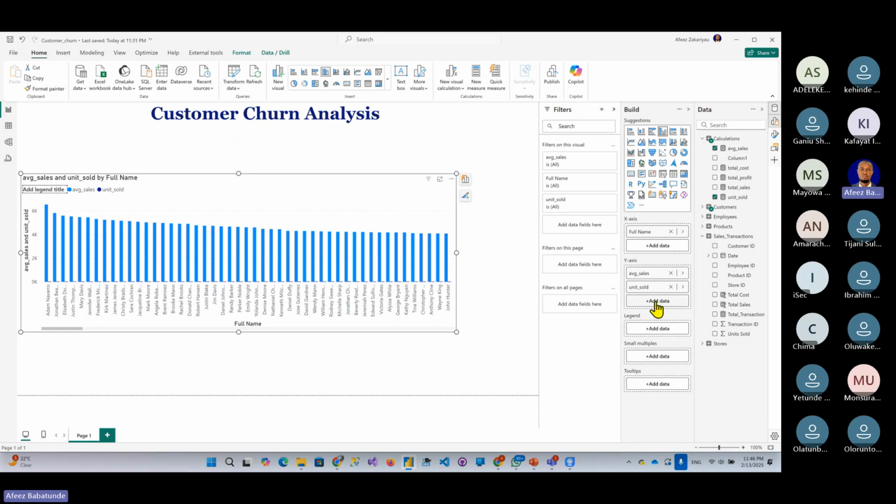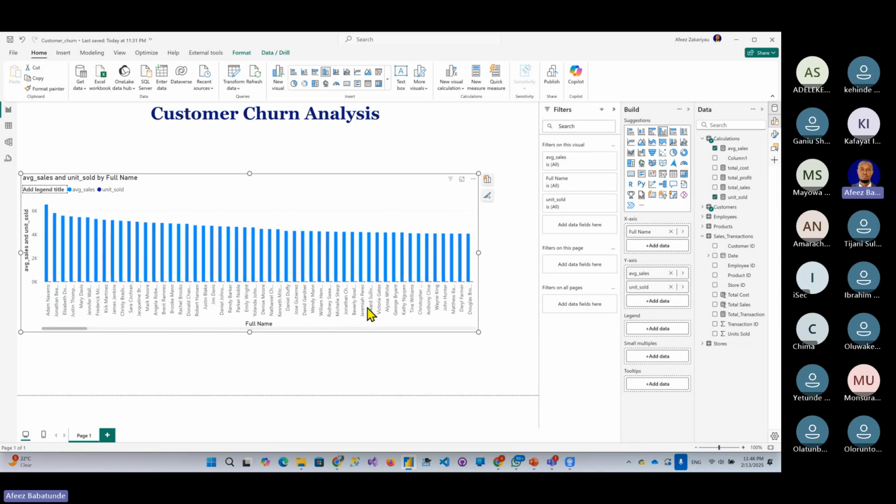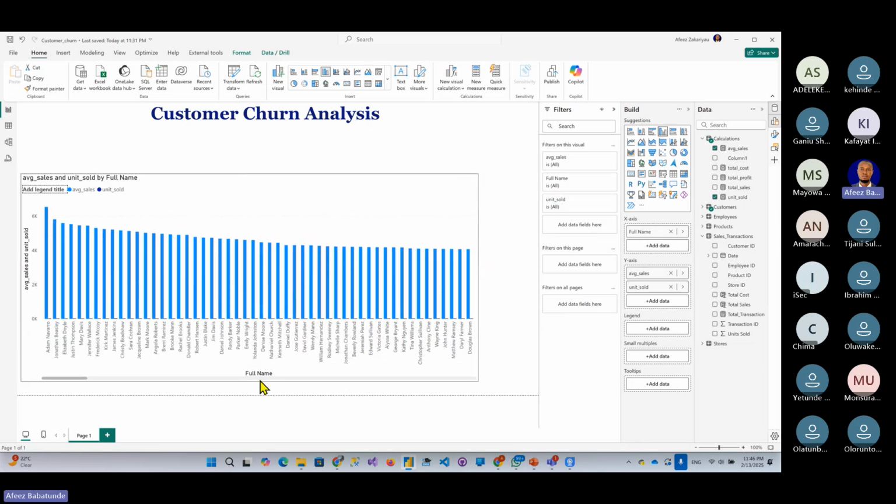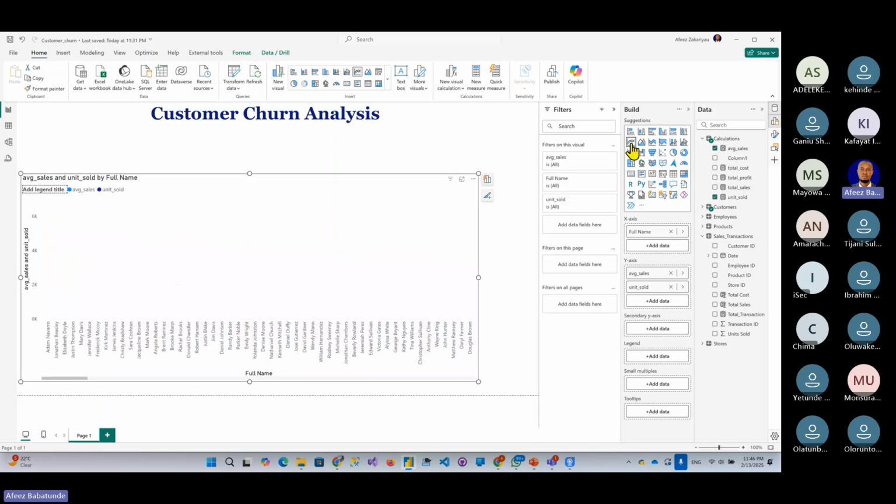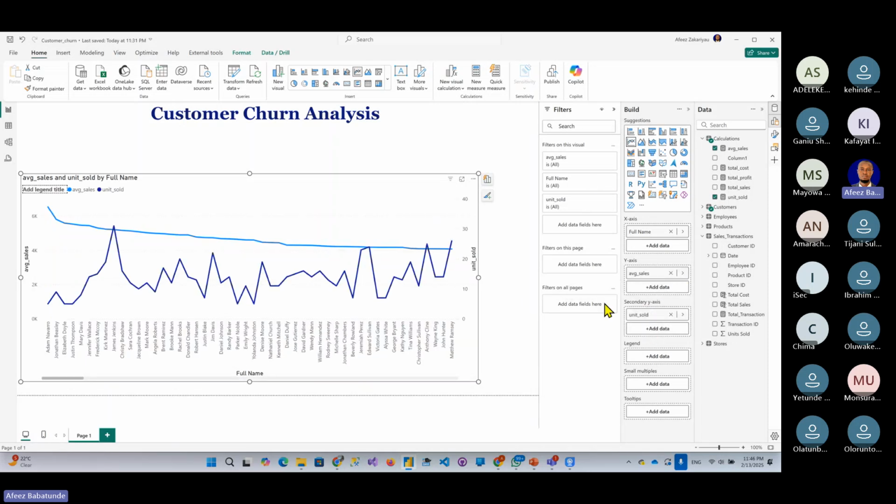But it's too small. The quantity is not really showing well. So use it as a line chart now. As a line chart, yeah, exactly. And the quantity sold can be on the secondary axis.